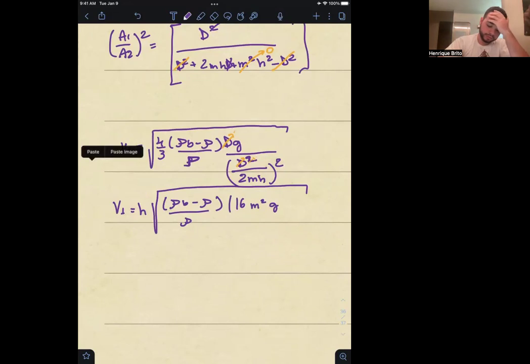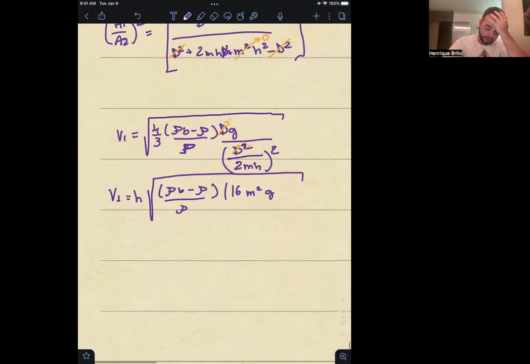Okay, so 16 m squared g. Could we have done that with t though? No, because that's, yeah, I don't think we could. Hold up. I'm seeing the easiest way to address this problem.